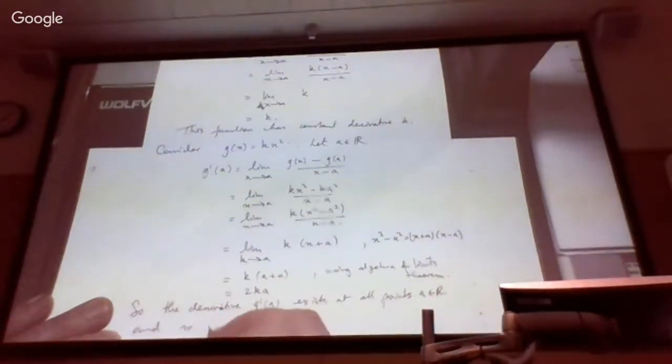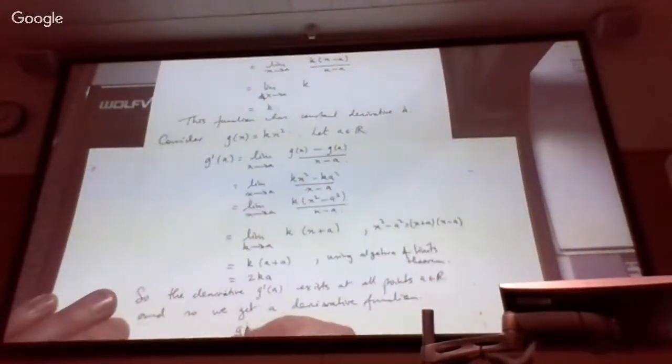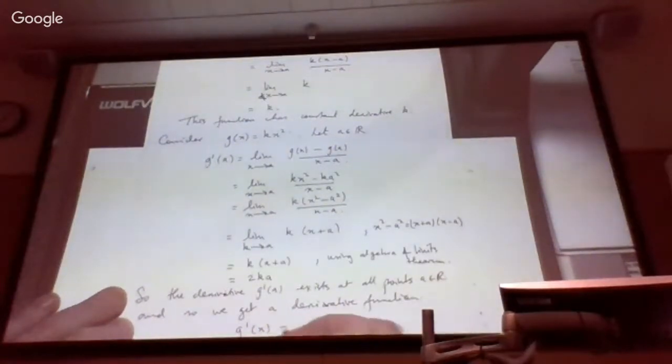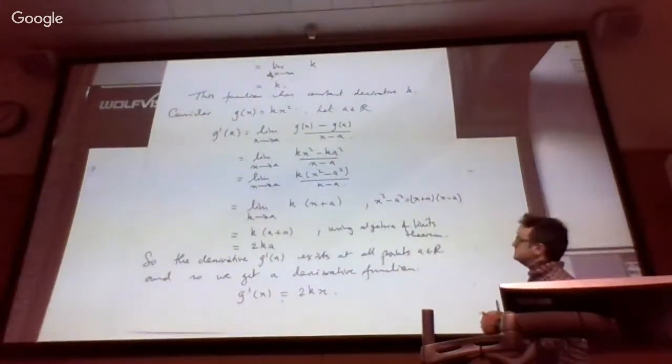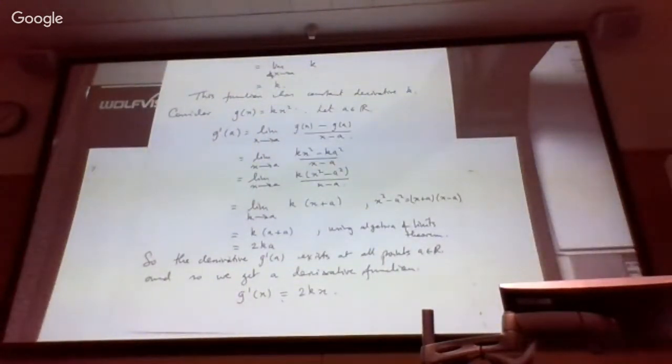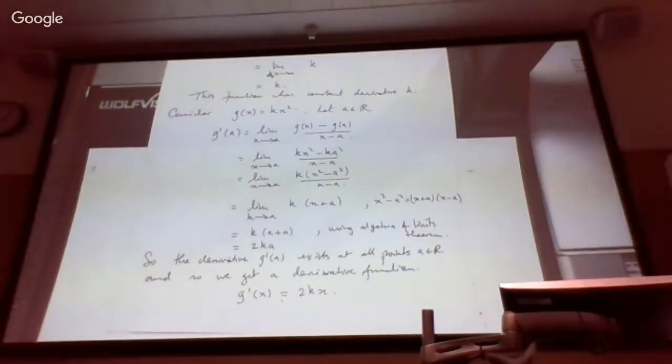And so we get a derivative function, which has this defining formula. The derivative evaluated at any point x is 2kx. That's another positive example.